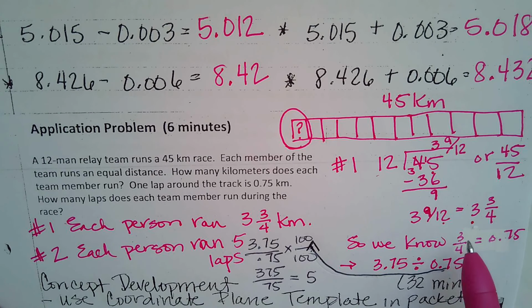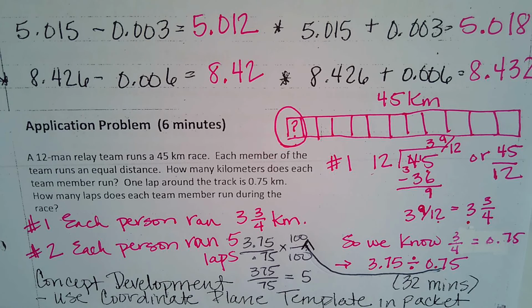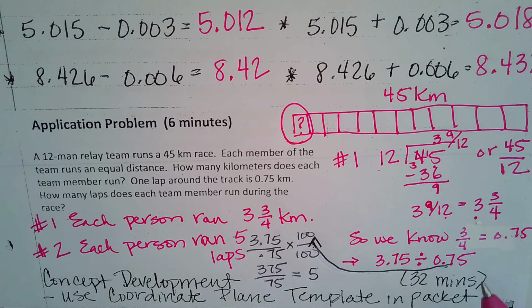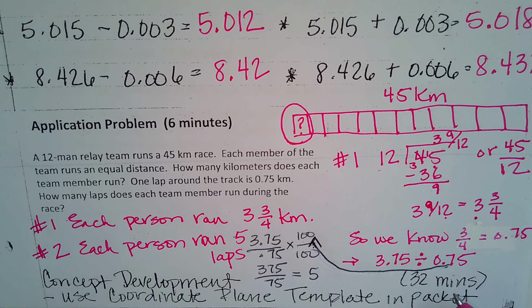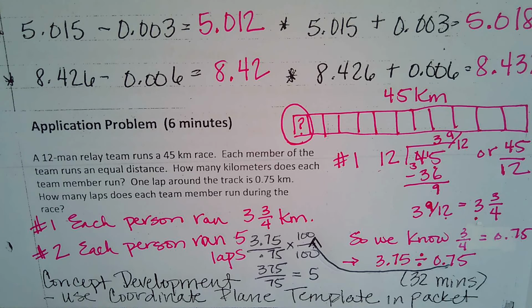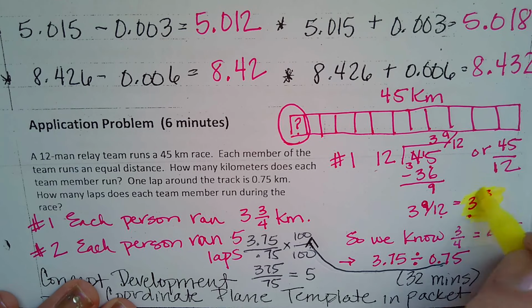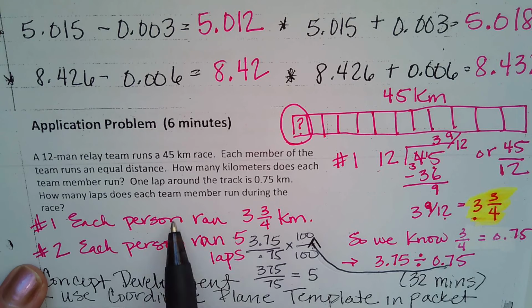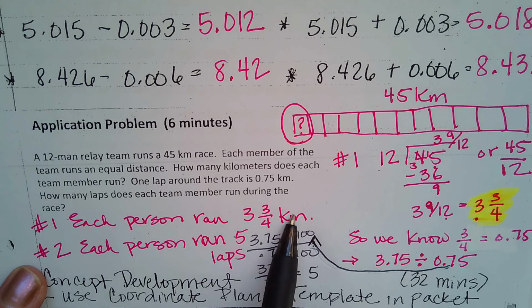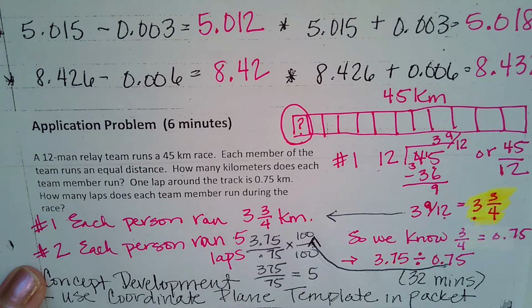And we know that 3/4 is equal to 0.75 because 3/4 of $1 is 75 cents. And 3.75, so this is the answer. 3 3/4 of a kilometer is the answer to question 1. Each person ran 3 3/4 kilometers.